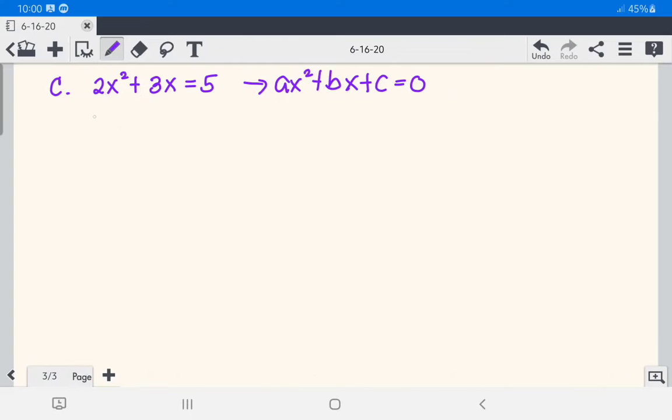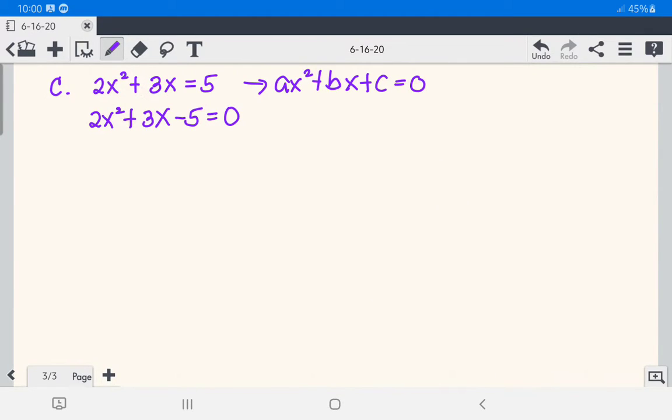So we have 2x squared plus 3x. Then you transpose positive 5 to the left side. You will change the sign from positive to negative, or you will subtract 5 on both sides of the equation. So we have negative 5 equals 0.